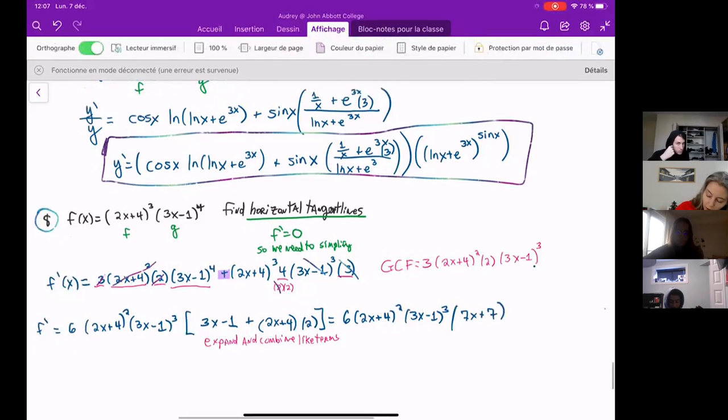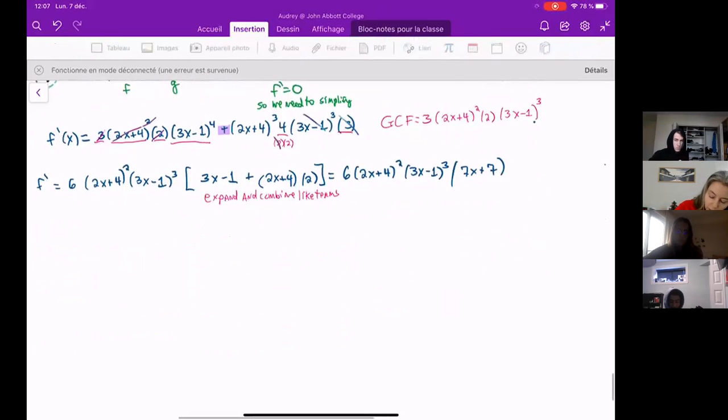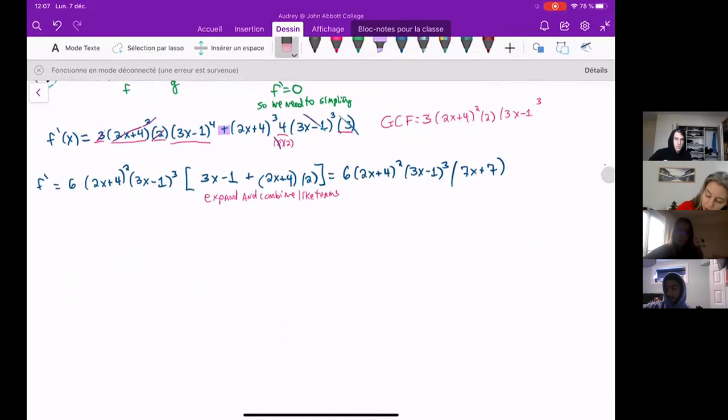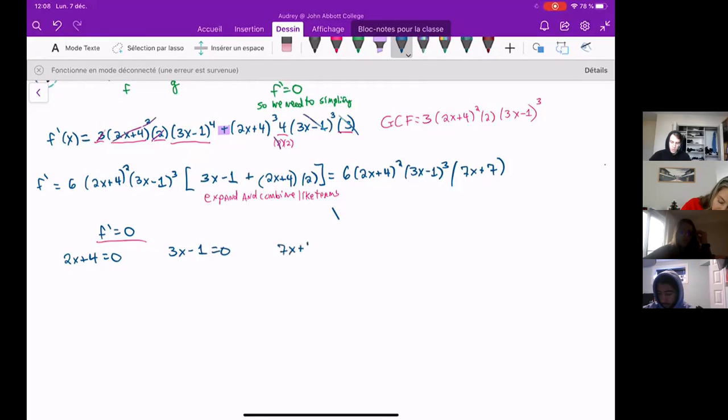So now I want to set f prime equal to 0, which means I'm setting each of my factors equal to 0. So I'm setting 2x plus 4 equal to 0. Remember, the powers don't matter. 3x minus 1 equal to 0. And 7x plus 7 equal to 0. To give me 3 values.